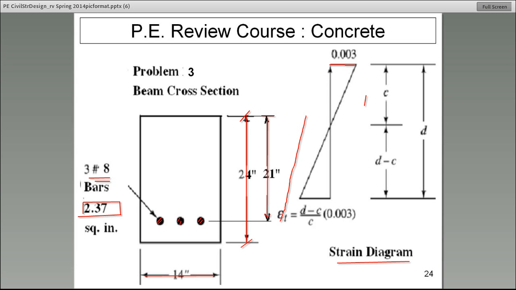Now, if the strain in the concrete is 0.003, then the strain at the steel level would be this. Just note that equation. We identified it using similar triangles.